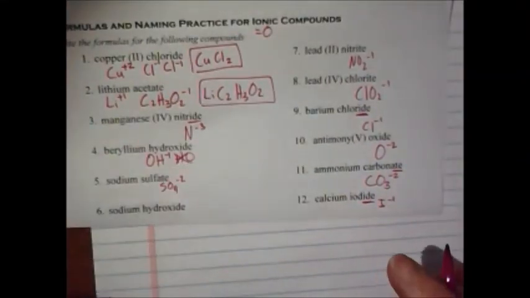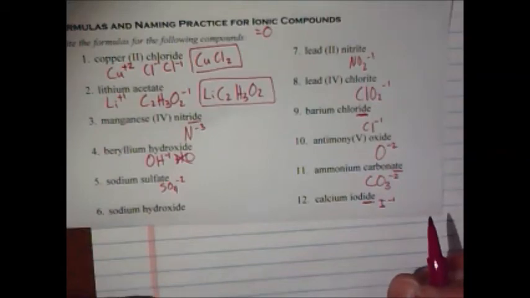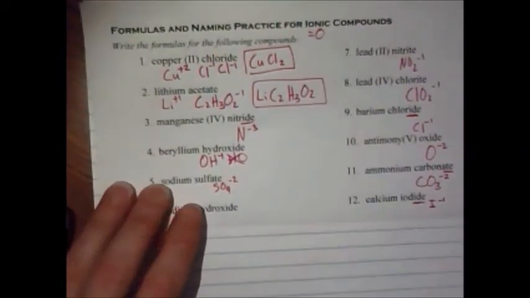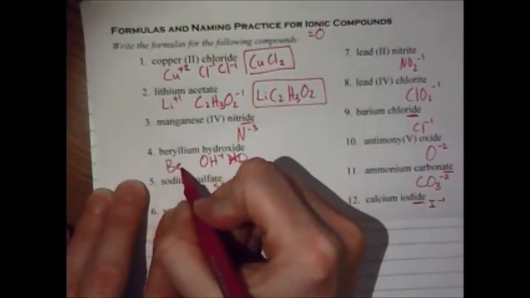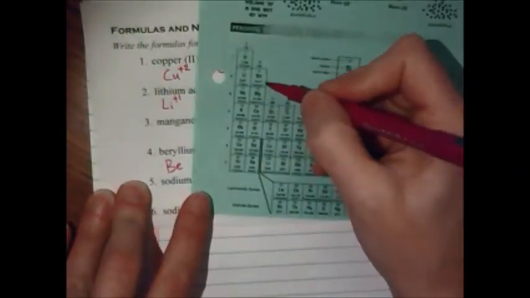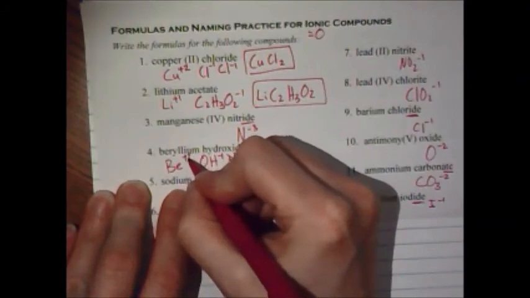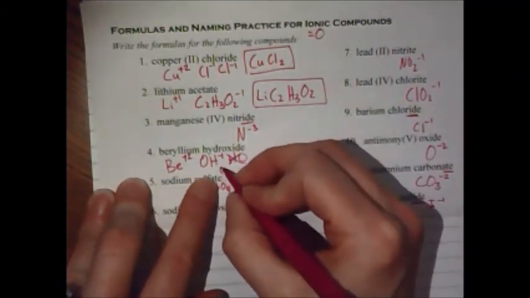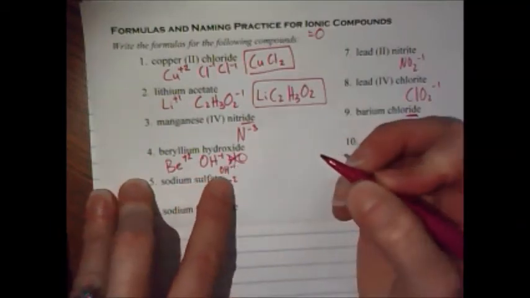Now I want to make sure and do one of these that requires some interesting things. So let's do beryllium hydroxide. Beryllium is Be. It's in the second column, so it's got a +2 charge. In order to make this thing add up to 0, we have to put another hydroxide ion in.